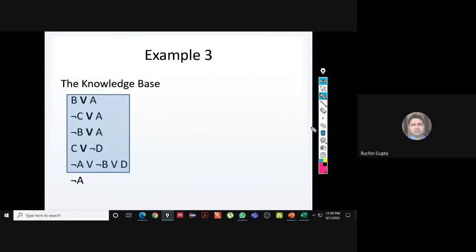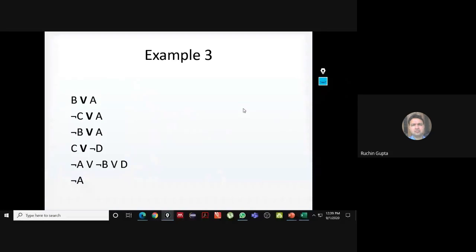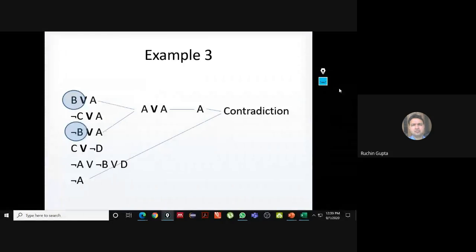You see that this is our knowledge base and this is alpha. So we want to derive whether this alpha can be obtained from this knowledge base. So we have added the negated A, and we will check using the resolution.